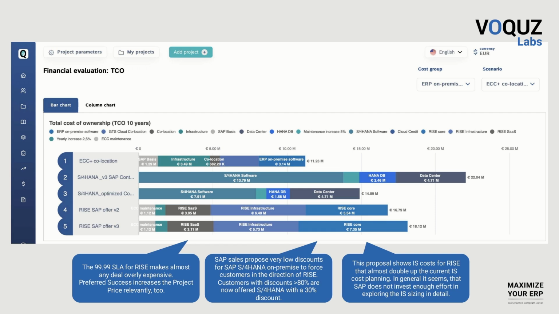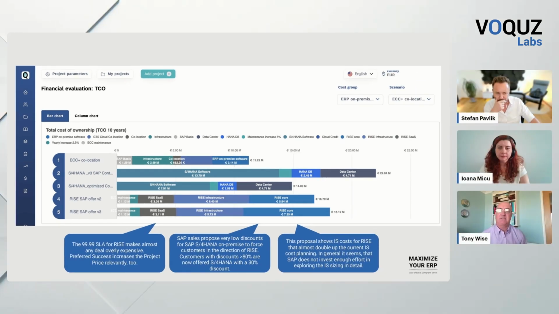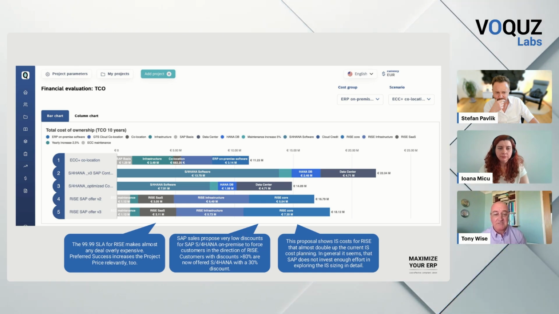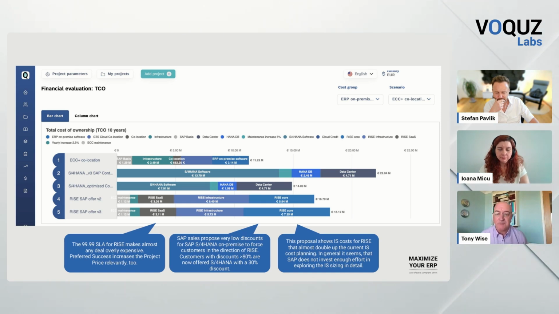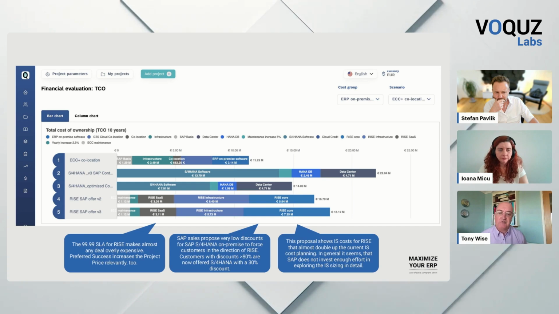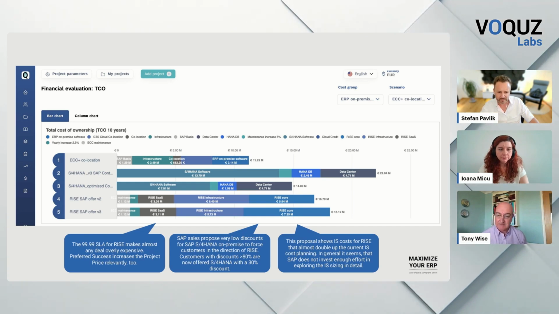So believe it or not, many customers are still talking about staying on ECC. Many customers are talking about moving to S/4HANA on premise. Many customers are talking about moving to S/4HANA with a hyperscaler, which is still an on-premise licensing scenario. And of course, this RISE with SAP with multiple different flavors, depending upon what SLA you have, what infrastructure you have, these all come into play.